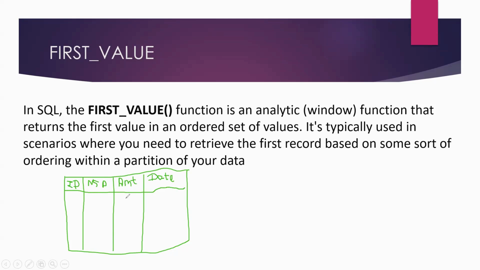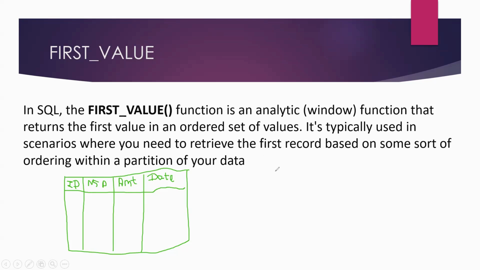Here we need to partition by the name of the salesperson, to find out what first value was generated by each salesperson on a particular date. In this way, we can use our first value window function.